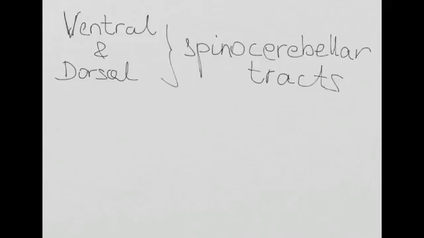We should mention two more sensory tracts which also carry proprioceptive information. However, they don't carry it to a conscious level because they carry it to the cerebellum. And these are the ventral and the dorsal spinocerebellar tracts. They will carry the information to the ipsilateral hemisphere of the cerebellum.